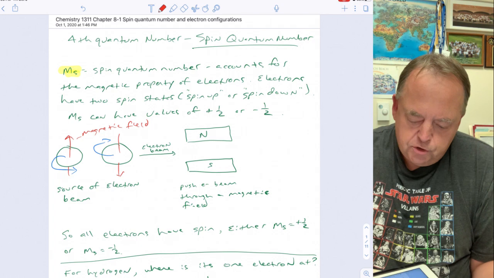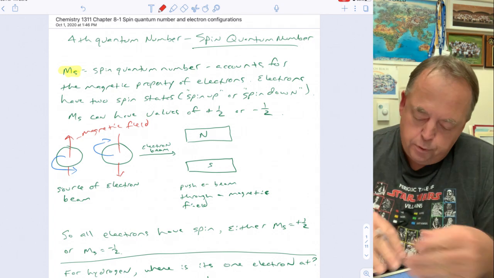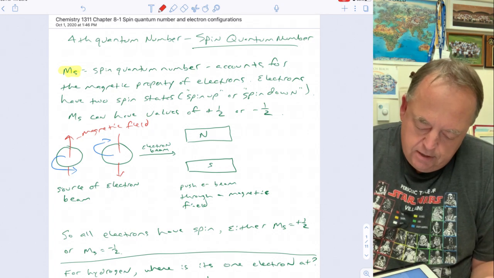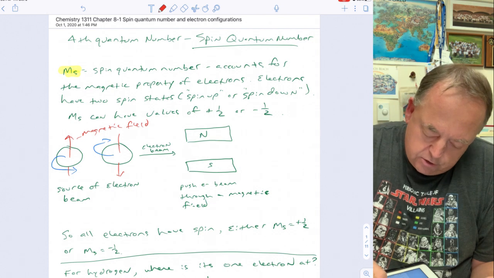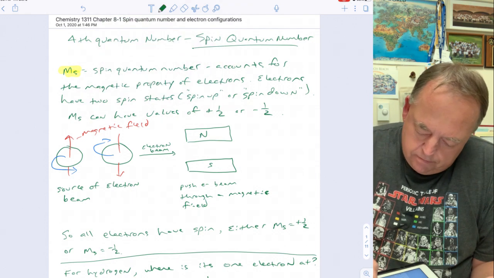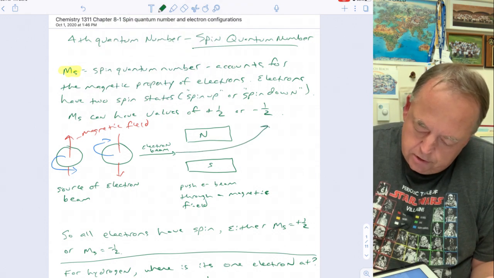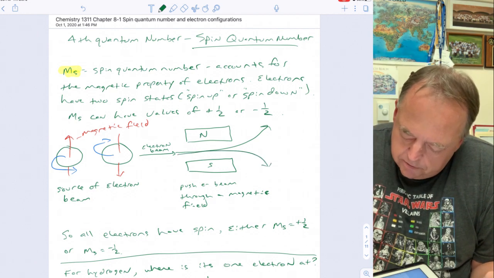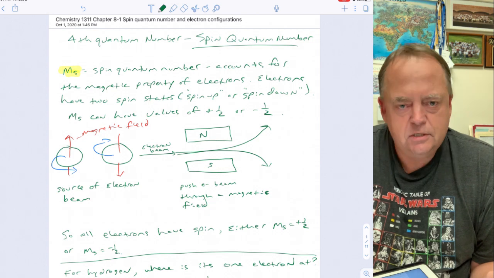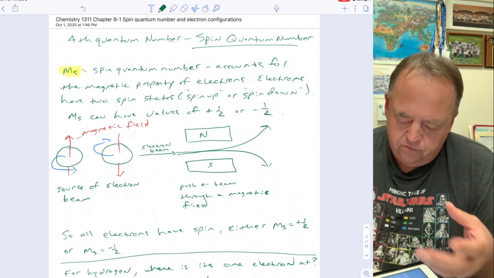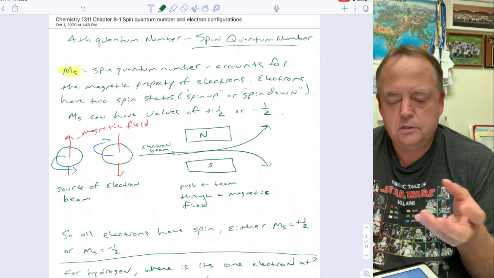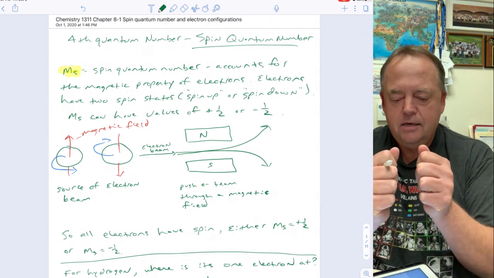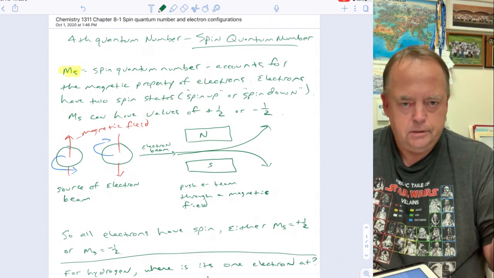Now if we have an electron beam and we push that electron beam through a magnet, some of the electrons would be diverted towards the north pole of the magnet, and some would be diverted towards the south pole. You've all probably played with magnets before. What happens if you put two magnets together? They'll either attract each other or repel each other, right?